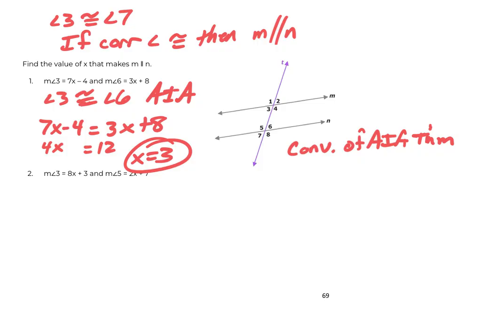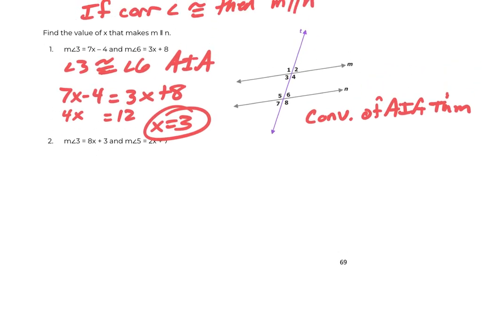Okay, on the last one down here, angle 3 and angle 5, what would be true about angle 3 and angle 5? What kind of angles are they going to be? Consecutive interior. And so we're going to use the converse of the consecutive interior angles theorem.